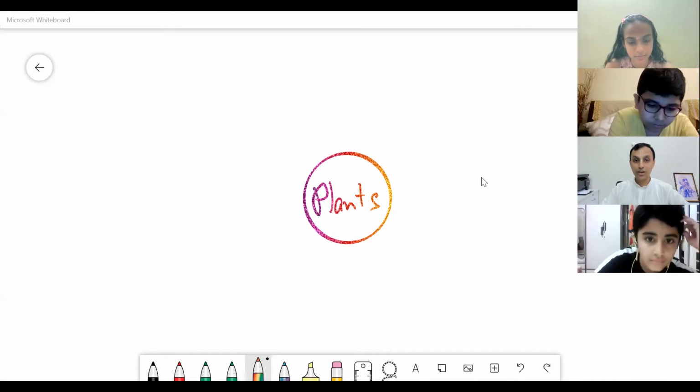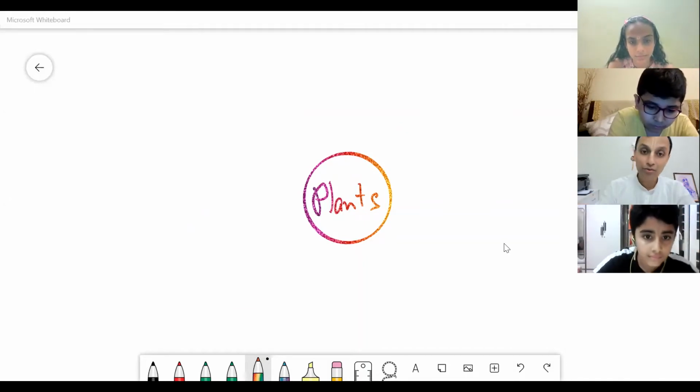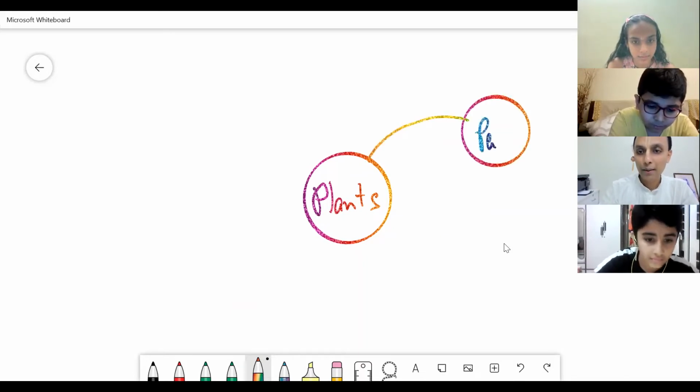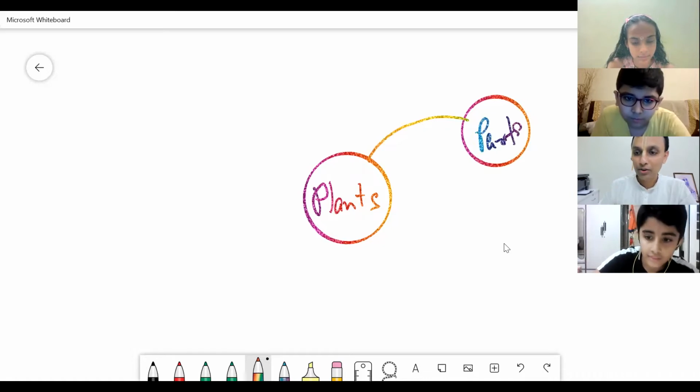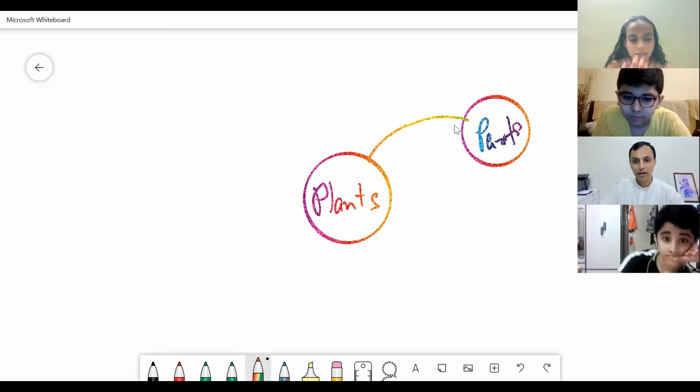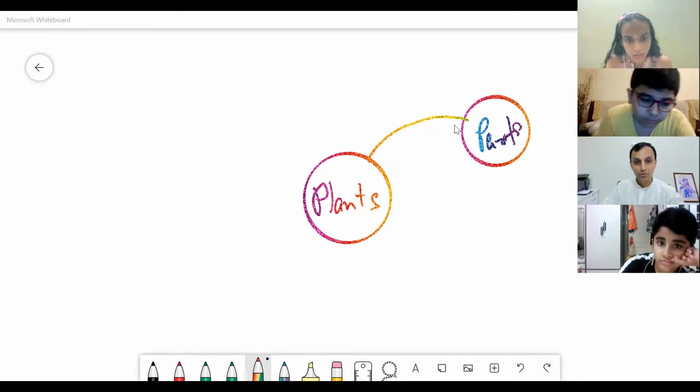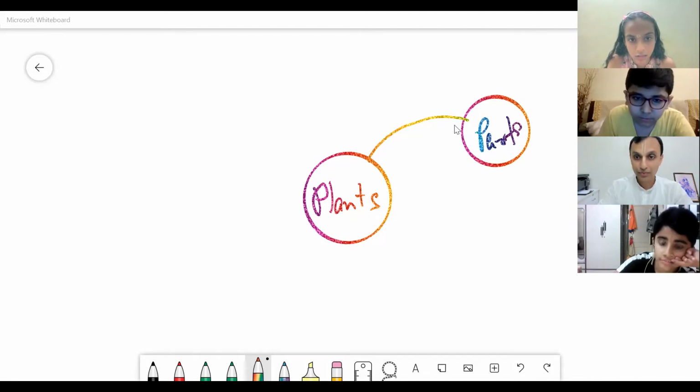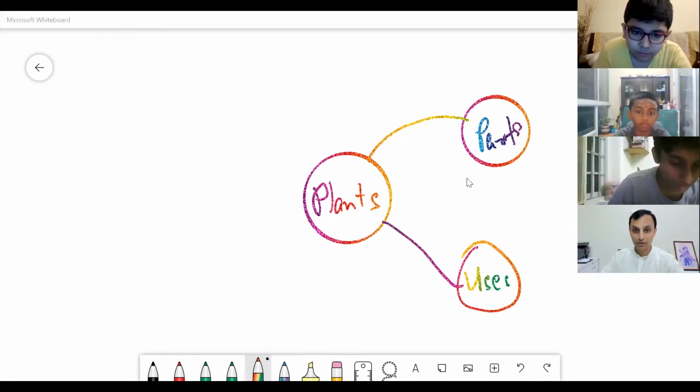Parikshit is saying root, stem, leaves. Okay, parts of a plant. That's good. So that's one idea, one section. We can talk about parts of a plant. Then uses. Types of plants. Very good.